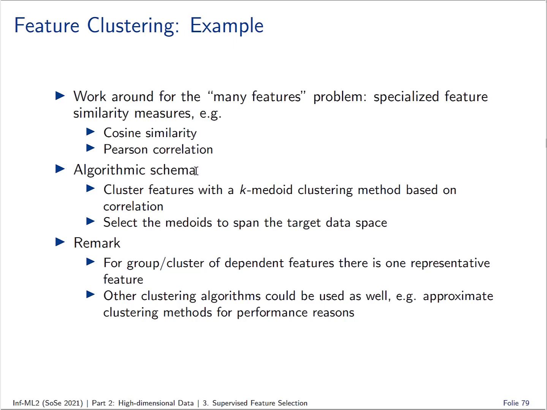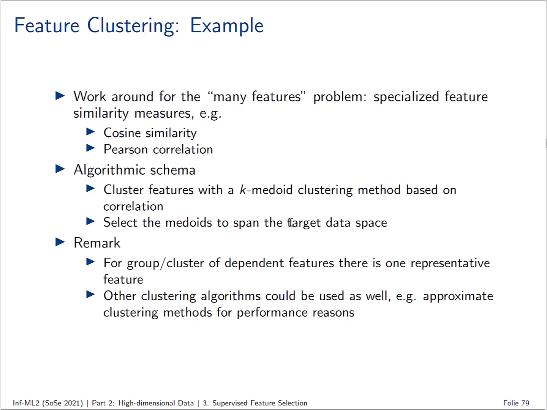The algorithmic schema should be quite clear. You cluster the features with k-medoid clustering based on one of those feature measures, cosine similarity, Pearson correlation, or whatever, and then select the resulting medoids to span the new data space to get the new k-dimensional feature space, the feature projection.